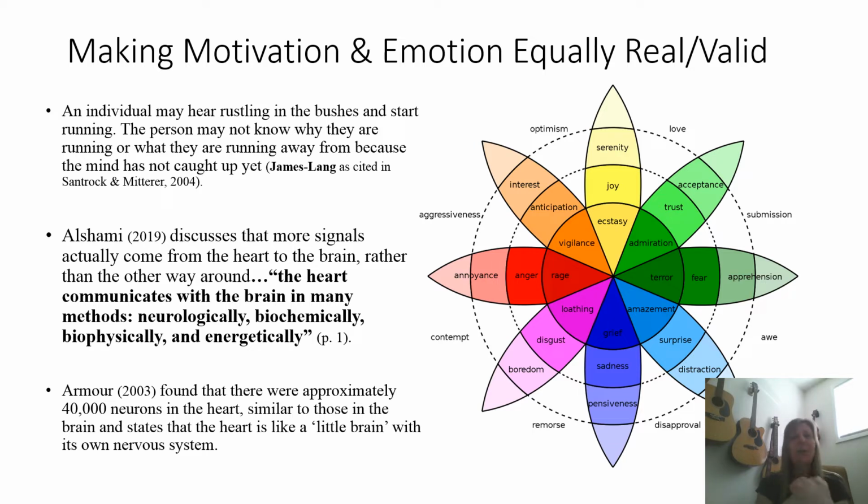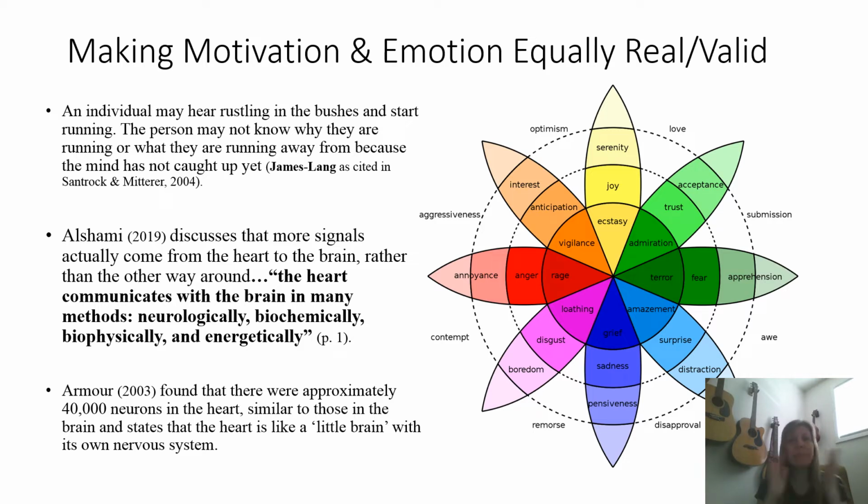An example of how the heart can initiate actions and send signals to the brain is through recent pain studies and experiments. For example, Al-Shami discusses that more signals actually come from the heart to the brain rather than the other way around, and states that the heart communicates with the brain in many methods, including neurobiologically, biochemically, biophysically, and energetically.